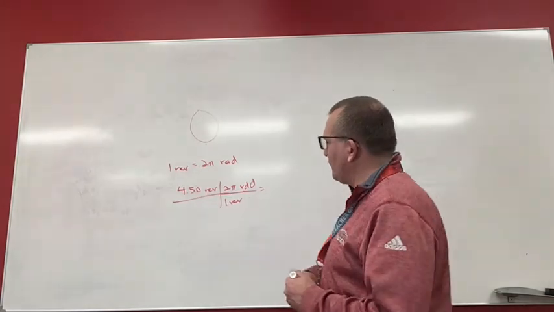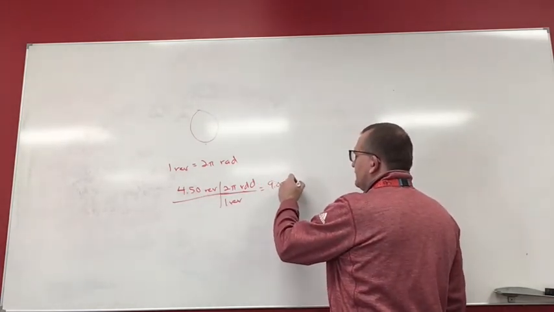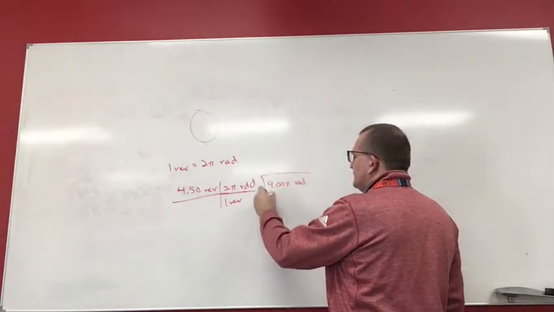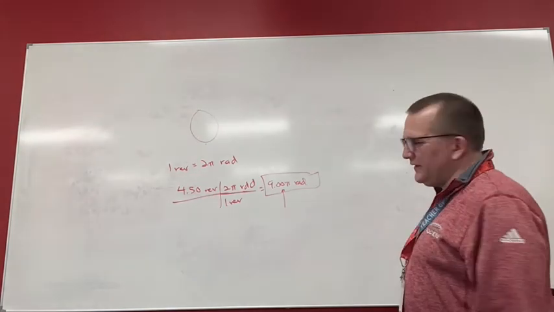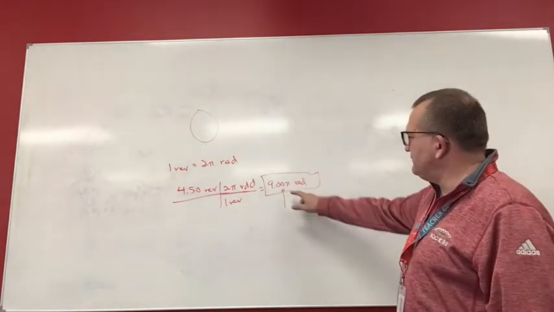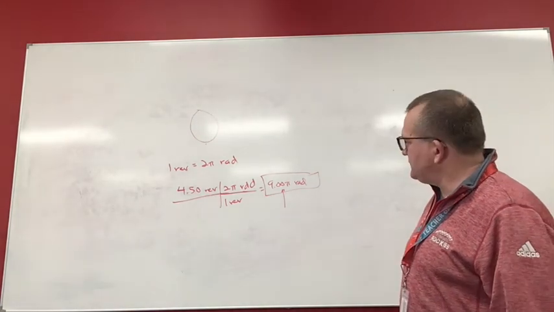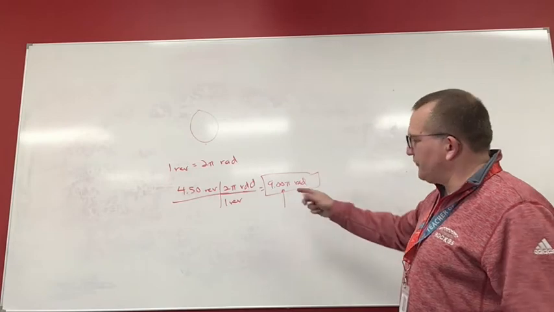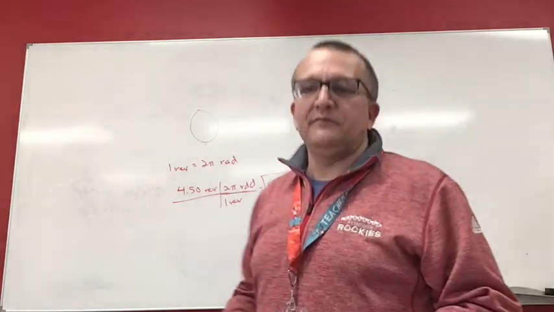If I take 4.5 times 2 pi, I get 9 pi radians. And so that would be my answer. If they give you a measurement, you'll have to multiply 9 times pi and get your 27 and change. But 9 pi radians is just fine. Just keep in mind that one revolution is 2 pi radians.